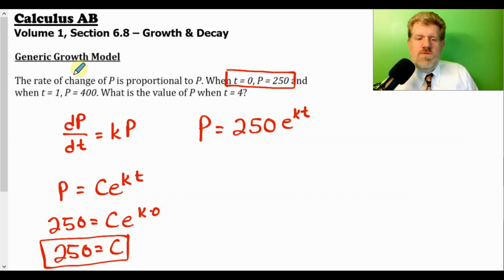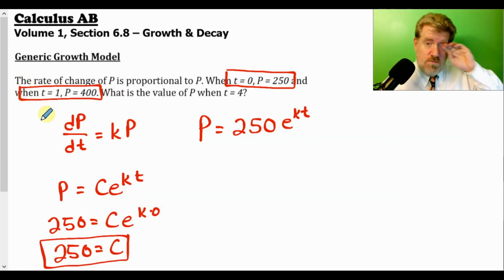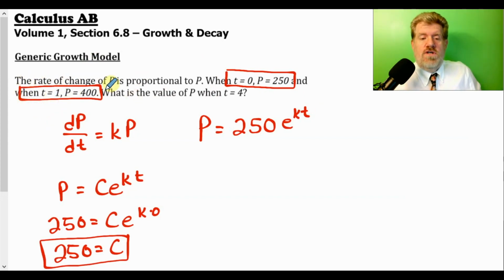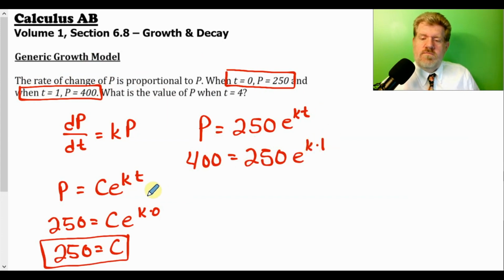Now, since we're assuming it's proportional to itself, and we're assuming it's exponential, we only need one more data point to come up with the k value, to come up with that constant of proportionality. So we're going to use this fact. So 400 equals 250e to the k times 1. And now we solve. We're going to divide both sides by 250, and you end up with, I believe, 1.6.